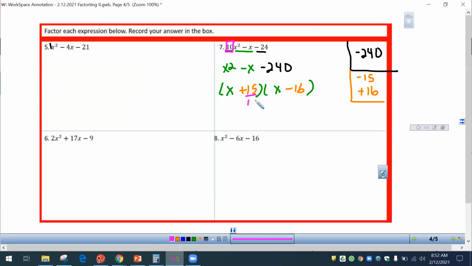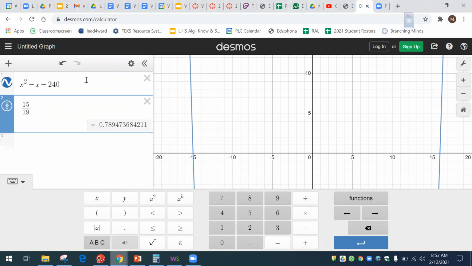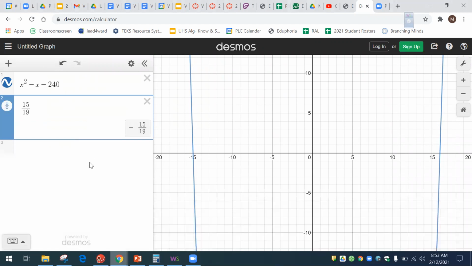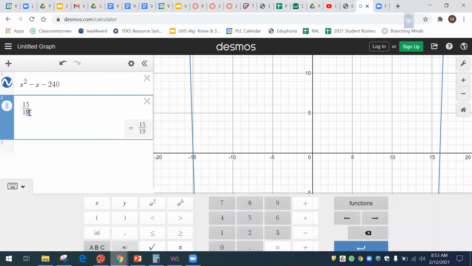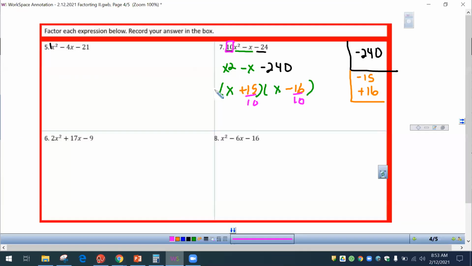So you'll divide by 10. 10 here. Now this 15/10 reduces, my fault, to 3/2. So you'll put that over here.